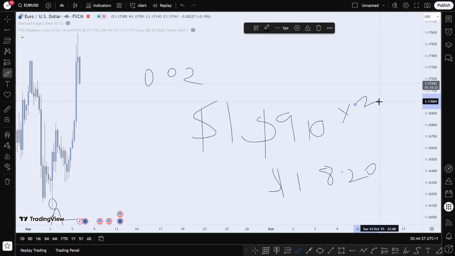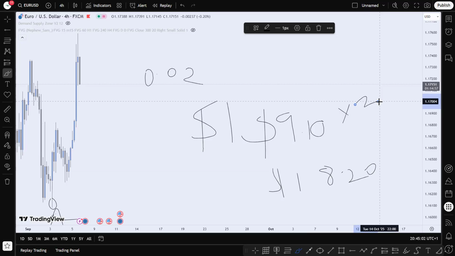Now, this means that the higher your lot size, the more money you stand to make or lose. Do you understand me? The higher your lot size, the higher your profit or loss. You see why I said these 91 pips can mean different things to different people?